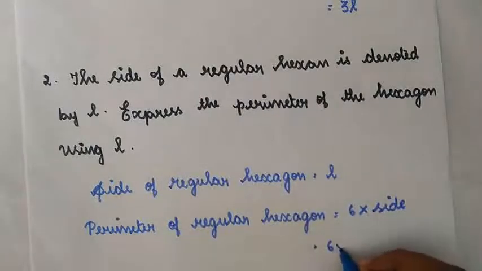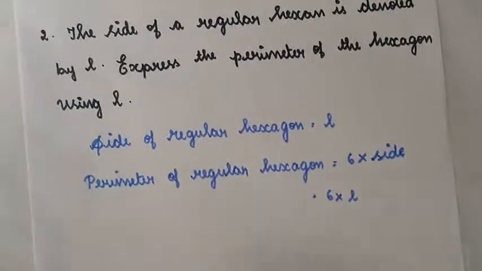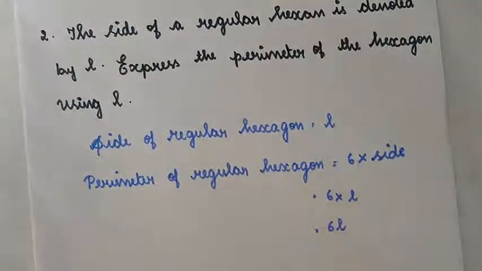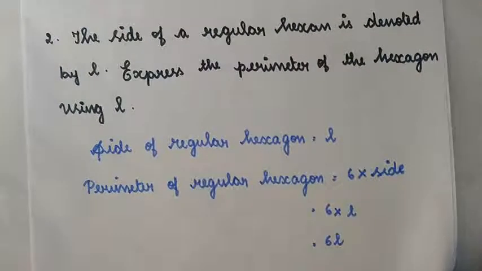So 6 into L. Therefore the perimeter of the regular hexagon is 6L. This is the answer. This exercise is over. Next we have to move to exercise number 11.3.